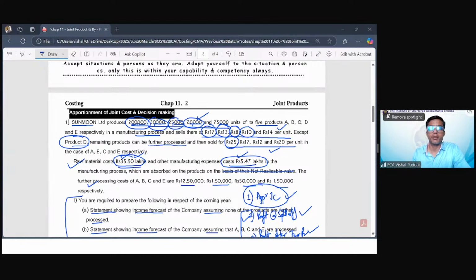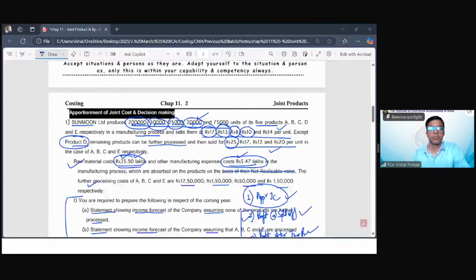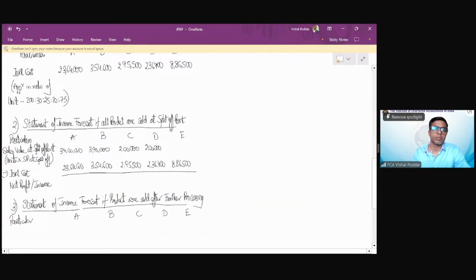Then 20,000 into 10. And 75,000 into 14. 7, 10, 50. Please cross check and confirm.